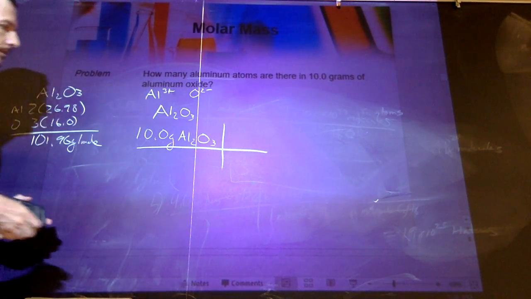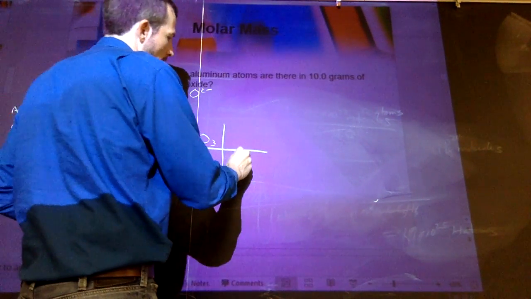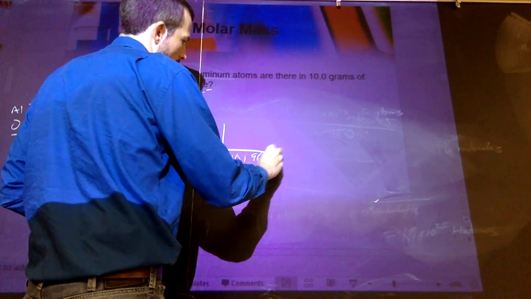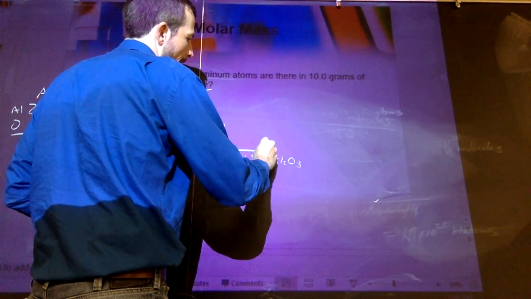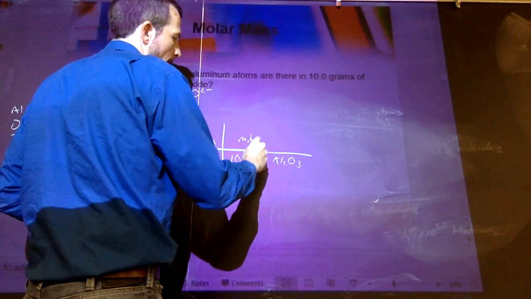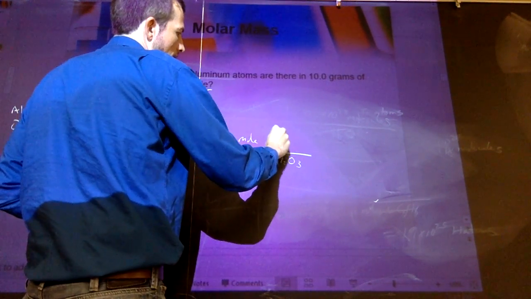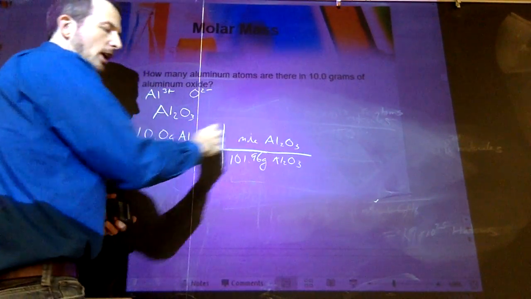So that gives 101.96 grams per mole, or you could call it 102. So that's grams per mole.